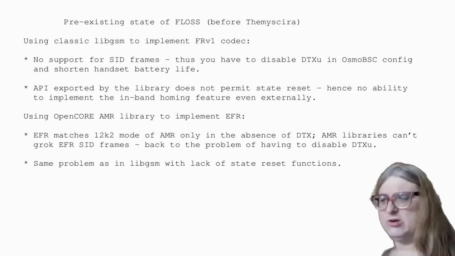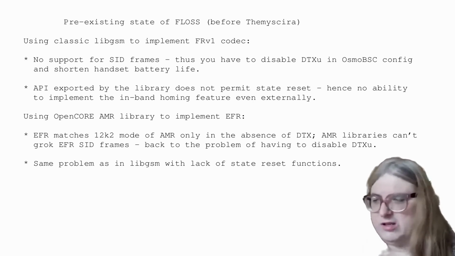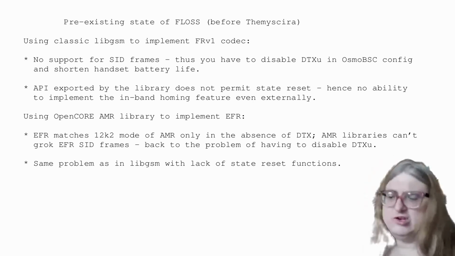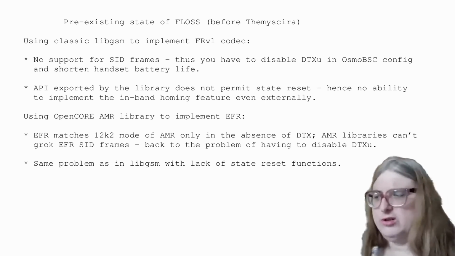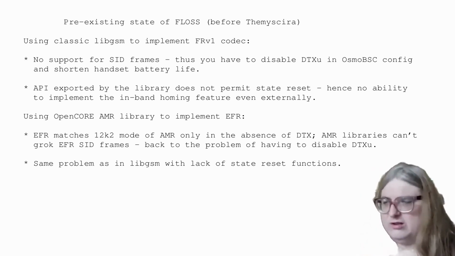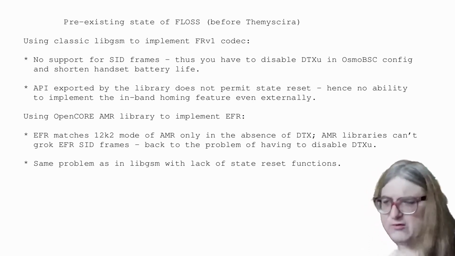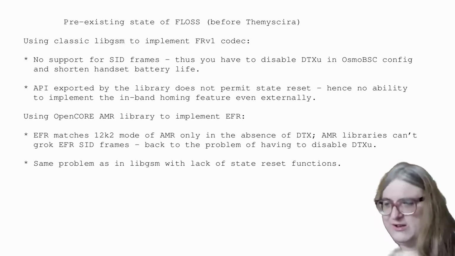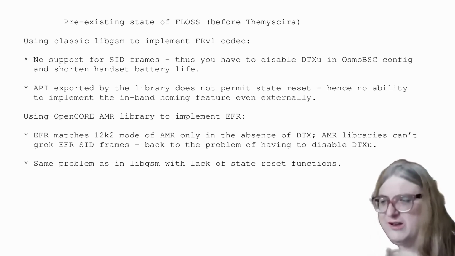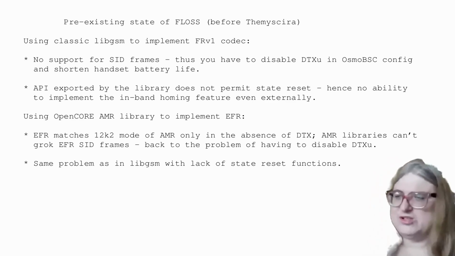They also have their own copy, fork, whatever you want to call it, of libgsm that they just ported over. So I did the same thing. I took the code from libgsm, ported it over in my own environment, cleaned it up, polished up the C dialect, and of course added the reset function, because the reset function is what you need in order to implement this homing feature, which I just talked about.